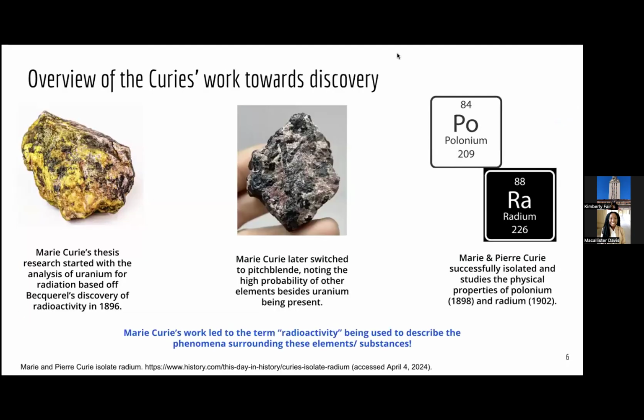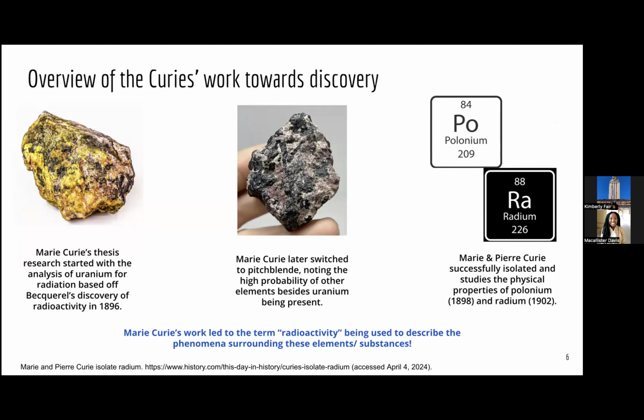Now, we wanted to give you just a brief overview of the Curies' work towards this discovery. It started off with Marie Curie's thesis research on the analysis of uranium for radiation, based off of Becquerel's discovery of radioactivity in 1896, followed by Marie Curie later switching to pitchblende, noting the higher probability of other elements besides uranium being present because it was 4 times more active.